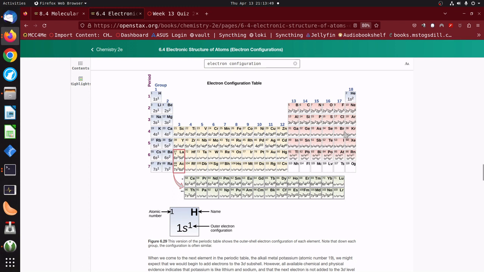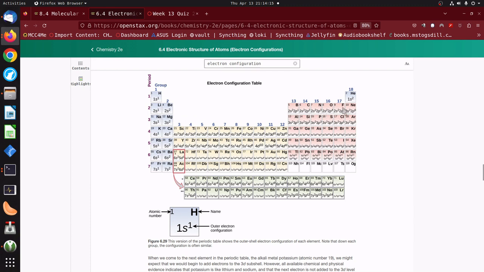So if I wanted the electron configuration for bromine, it would be 1s2, 2s2, 2p6, 3s2, 3p6, 4s2, 3d10, 4p5.